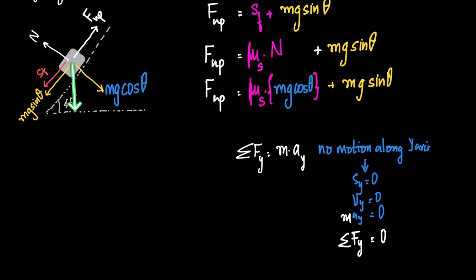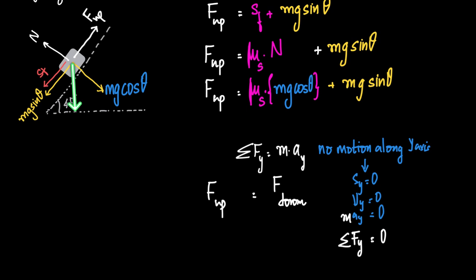Now, what does it mean when we say sigma Fy is equal to 0? It otherwise means that forces acting upwards should be equal to forces acting downwards. Now in this case, please don't get confused with this F up. Okay, we have different forces.